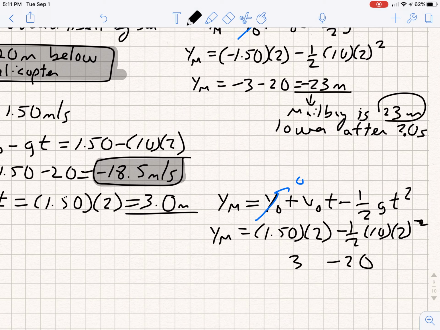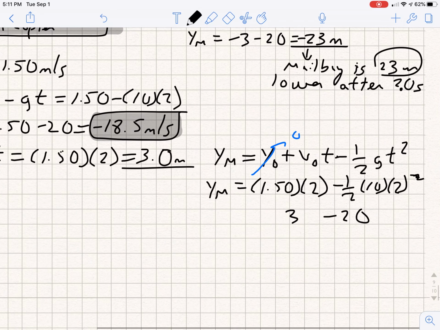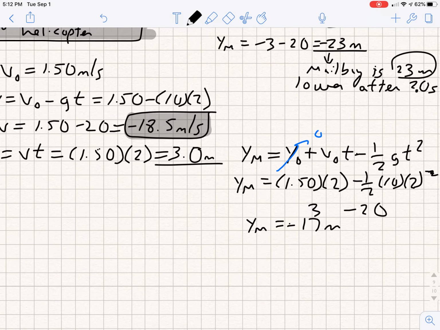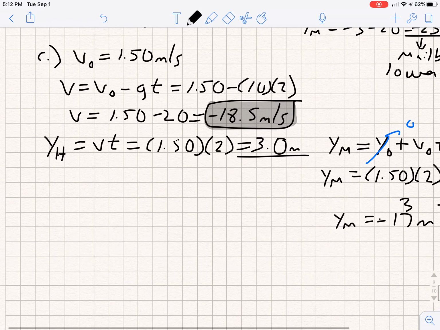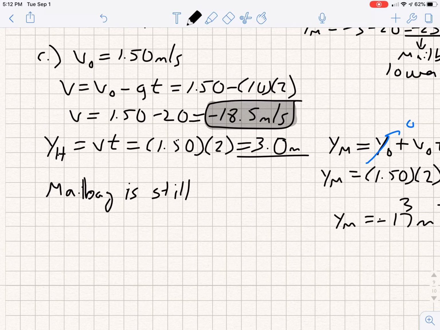And instead of going negative 3 minus 20 to get 23, we're going 3 minus 20 to get negative 17. What this means is the mailbag is still 20 meters below the helicopter.